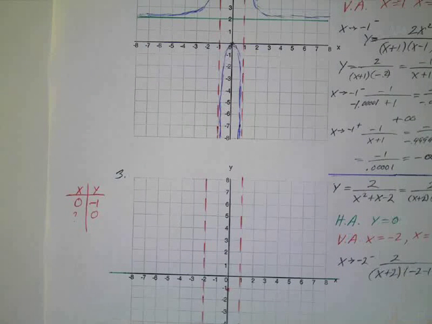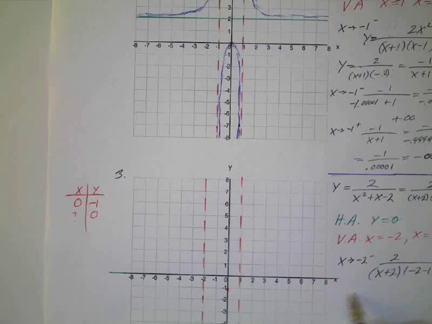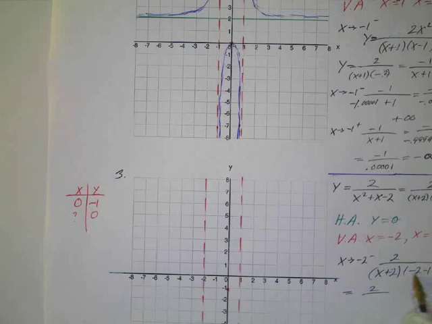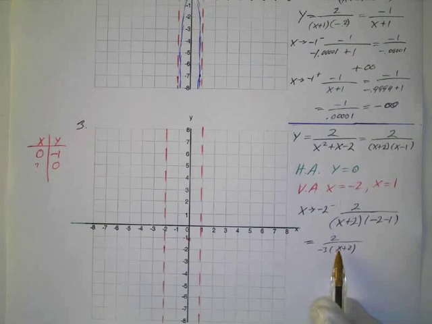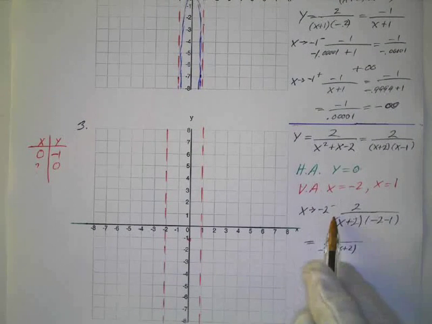And really, this is going to help us find our sign. So this is going to be equal to 2, and this is going to be negative 3 times x plus 2. Now we have to use a small approach and see what's going to happen here, because we can't put negative 2 in there because we'll get 0. So we've got to put something in there that's just to the left of negative 2.